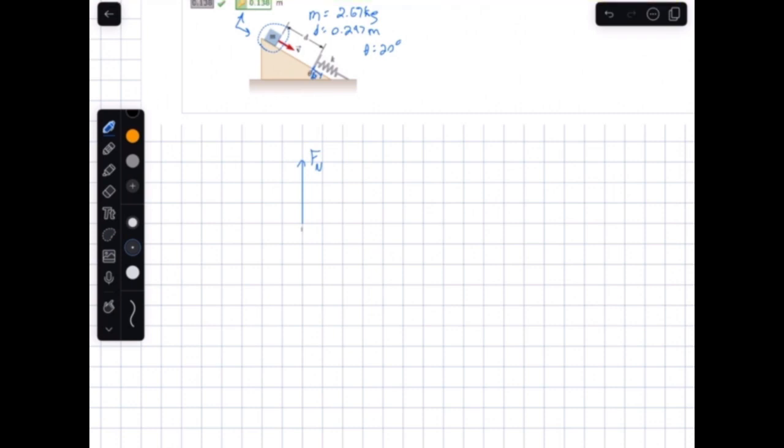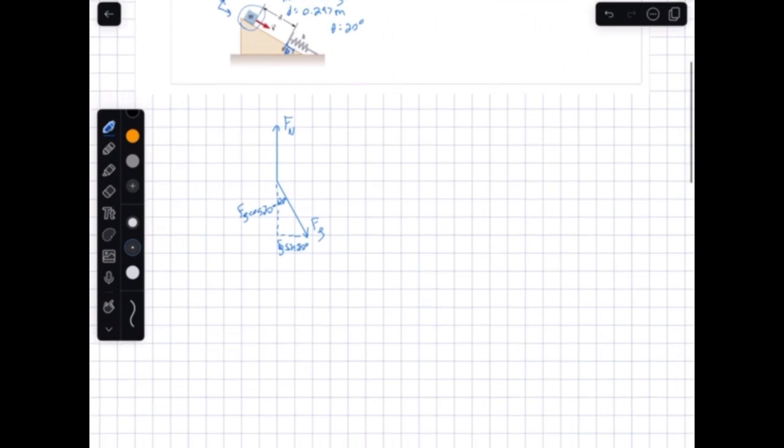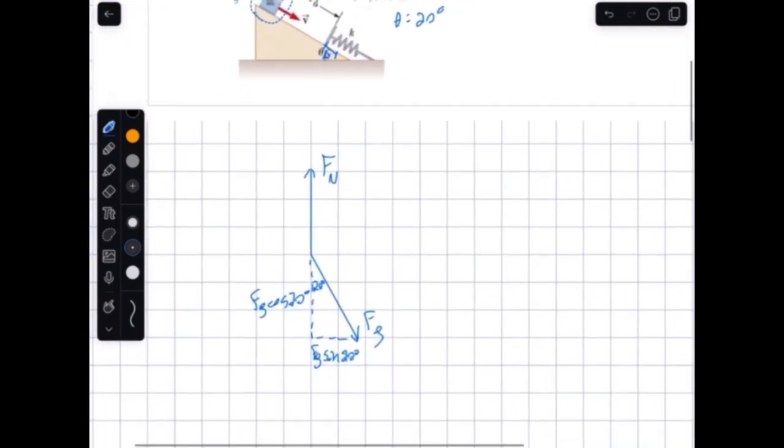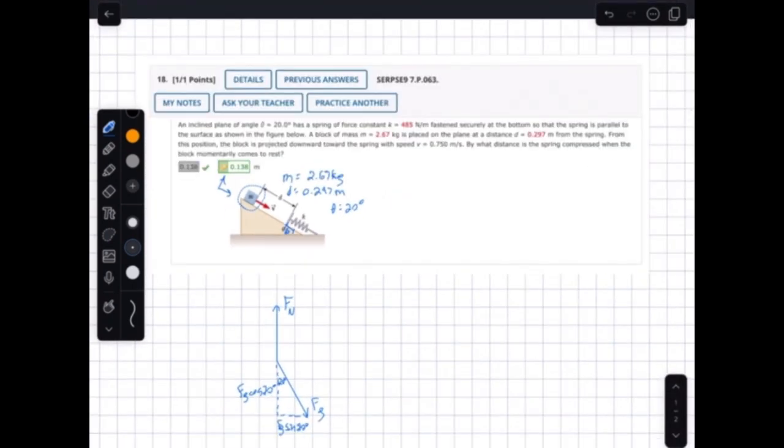We'll call this a 20-degree angle, because why not? Force of gravity: this component is FG sine 20 degrees, and this is FG cosine 20 degrees, with theta being 20 degrees.